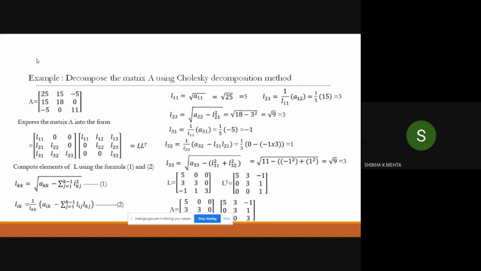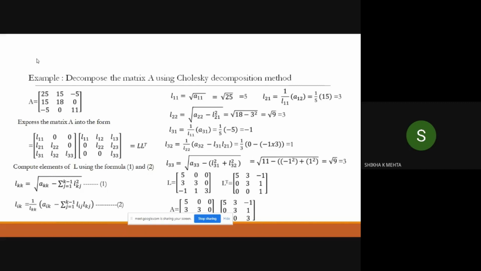L21 whole square. So what is the value of L21 whole square? That is computed using this particular formula, with L_ij and L_kj. So you just take the values over here and try to compute this value.